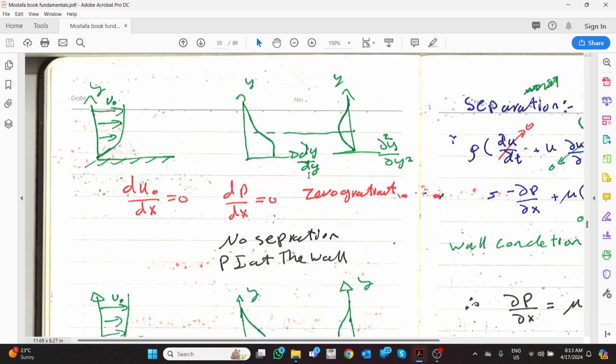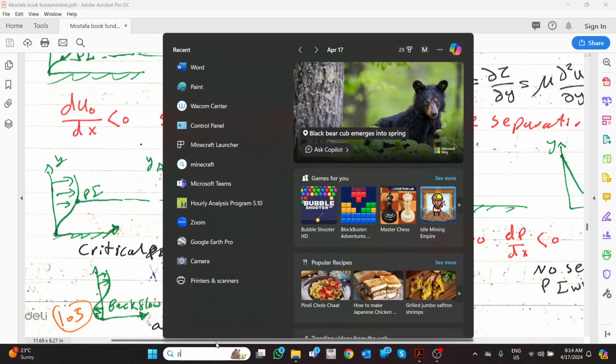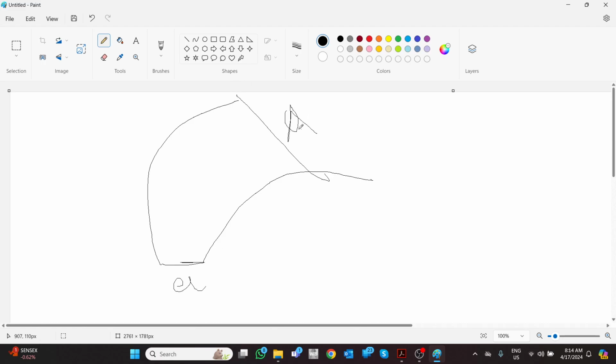Okay, this one is just to get it. When you do CFD, you need to check in the boundary layer whether there is separation or not. If you are really concerned and you're going to advise there is a separation, one piece of advice you can give: if you have, for example, a plate like this and a plate like this, where the area here is small and the area here is large, and the flow is going like this and the plates are rotating like this, then you find a separation, and you find swirls here like this.